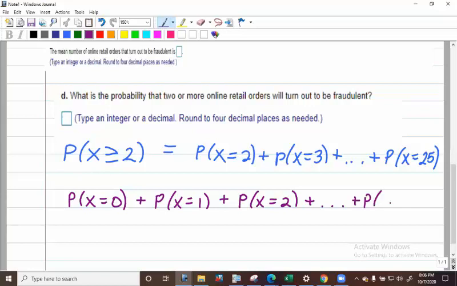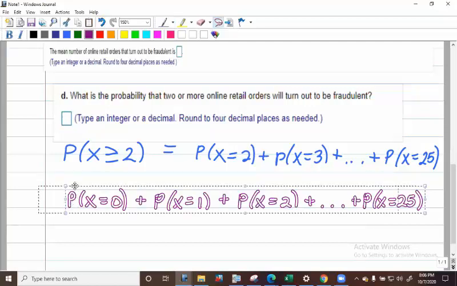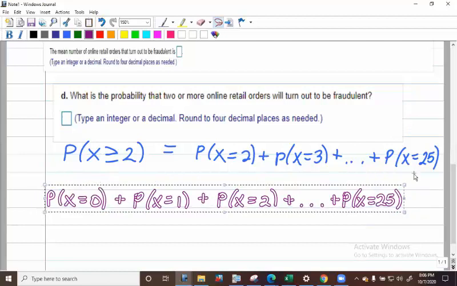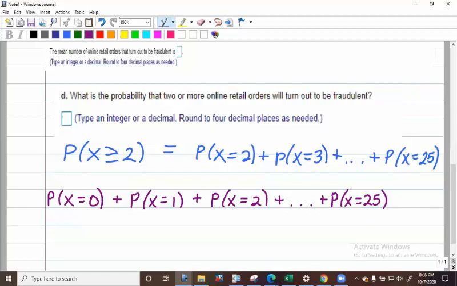I need to make a little bit of room here. Now, this was in the notes. I didn't spend that much time talking about it, but I did verbally mention it. But now we actually need to use it. I mentioned that because this has to follow a discrete distribution and the x's go anywhere from 0 to 25, that those probabilities have to add up to exactly 1. Okay, that's just kind of the rule of the land there, basically.